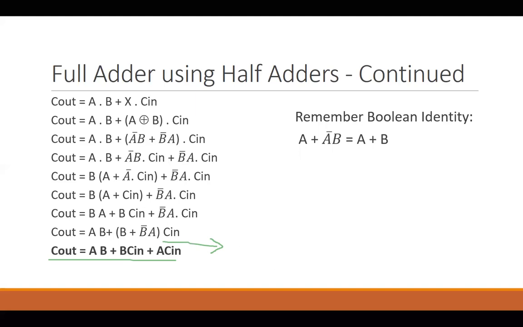What we did here is that we already had A dot B and we simplified this portion B plus B inverse A into B plus A by using this identity, which I have just introduced to you, but I know that this is not very difficult to remember or understand.